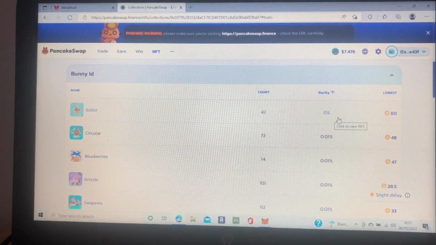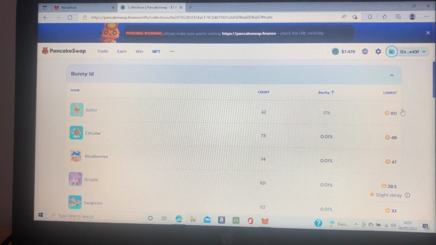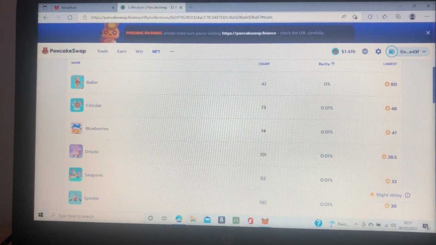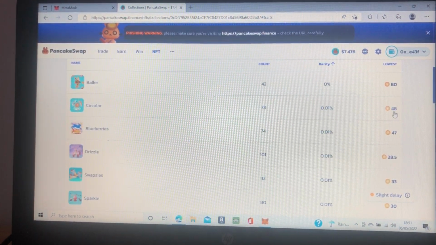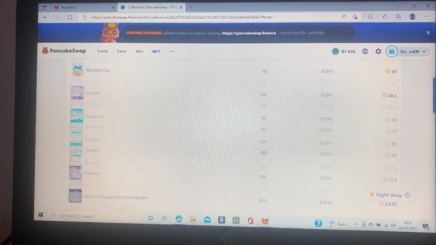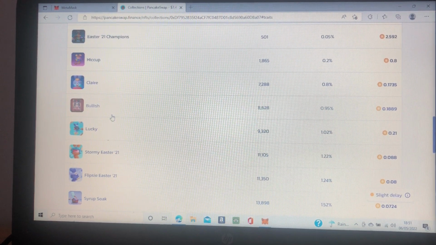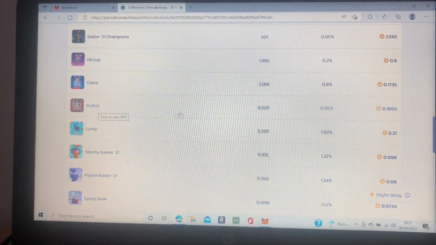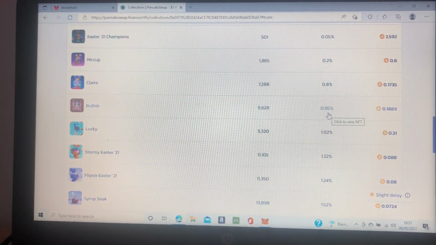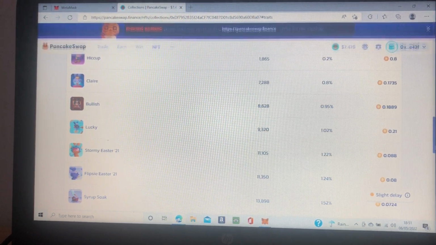So very few people have it, and the lowest price is 80 BNB. So you see, because it is very rare, the price is higher. The probability of you seeing a bullish Pancake Bunny is 0.95%, and the lowest price is 0.1889.